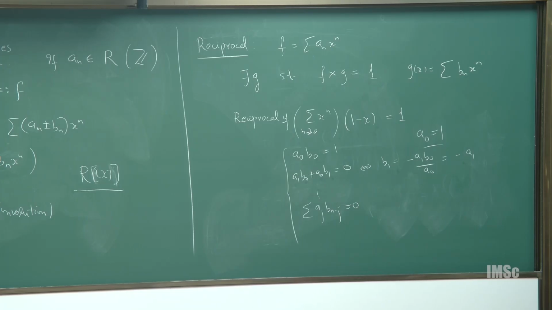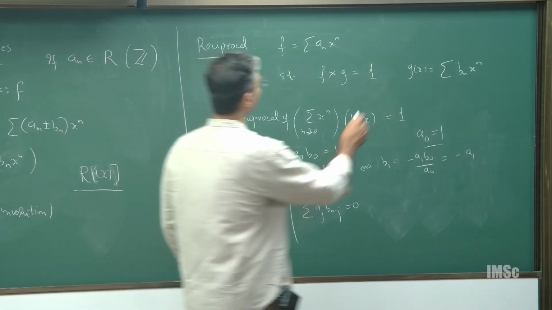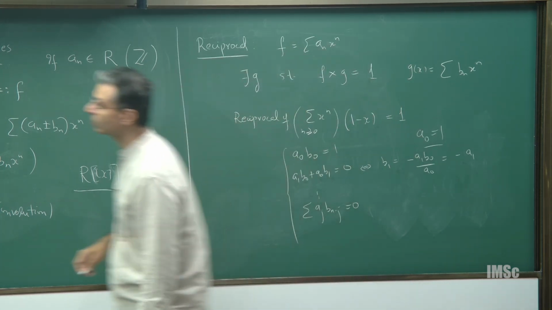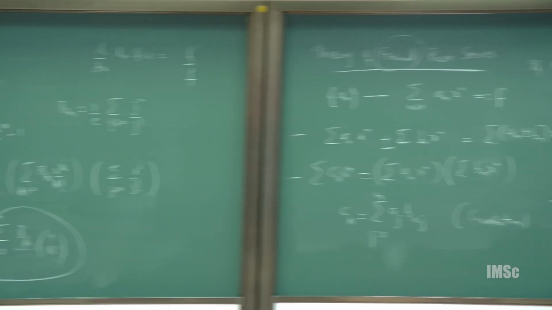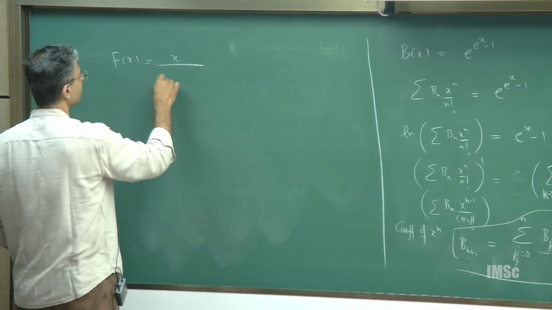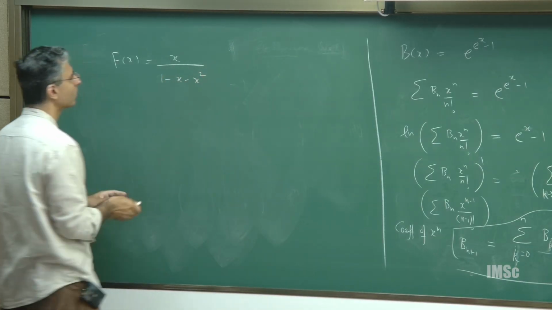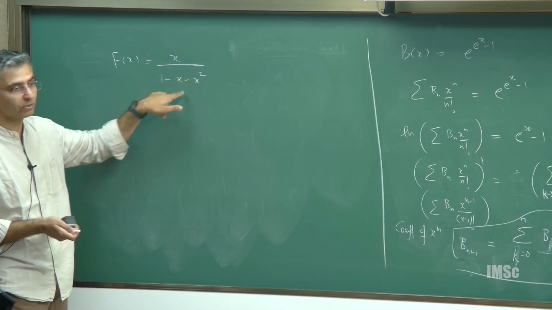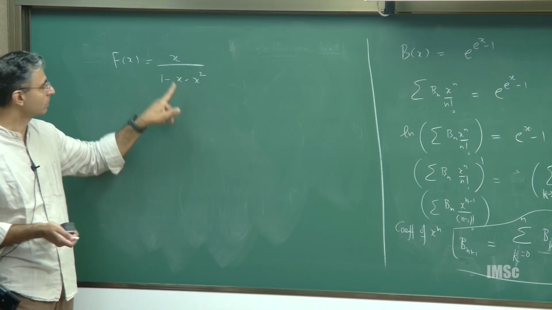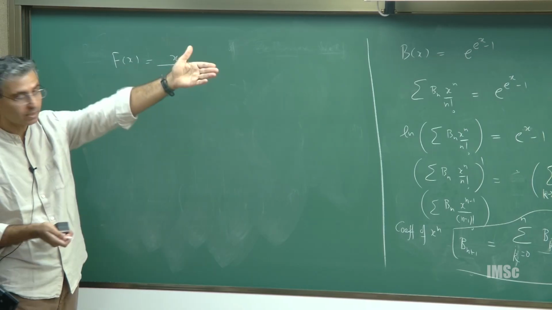So, when we are writing this, for the Fibonacci sequence we wrote that the generating function f of x was x upon 1 minus x minus x square. What do we mean by 1 upon 1 minus x minus x square? It is exactly the reciprocal of that, because the constant coefficient is 1, there is a reciprocal.